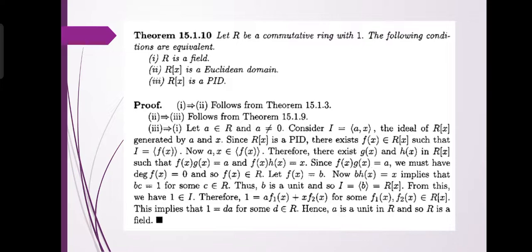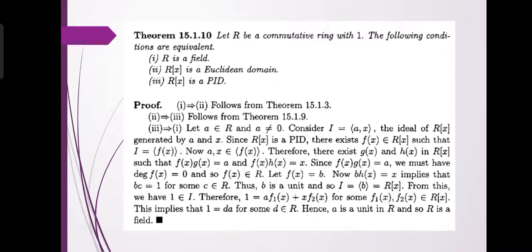Since f(x)g(x) is equal to A, we must have the degree of the polynomial f(x) equal to 0, and so f(x) belongs to R. Let f(x) be equal to b. Now b h(x) is equal to x implies that bc is equal to 1 for some c belonging to R, thus b is a unit, and so I is equal to R[x].